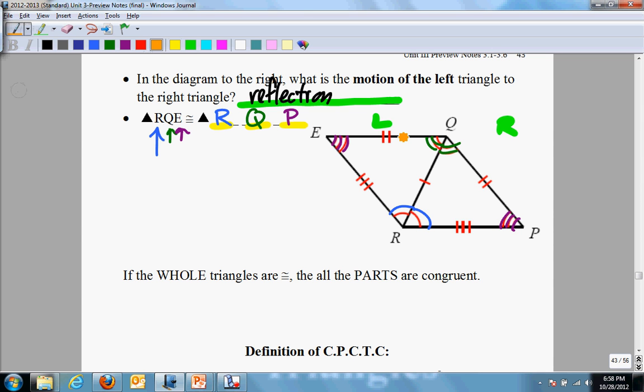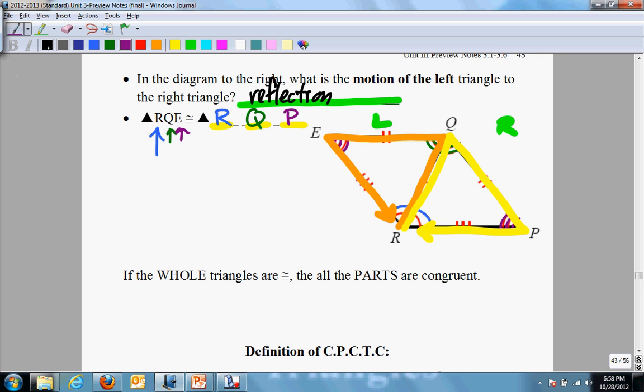This is easy if you actually trace it. So RQE, single, double, triple, is congruent to RQP, single, double, triple. And you can see how those vertices align.